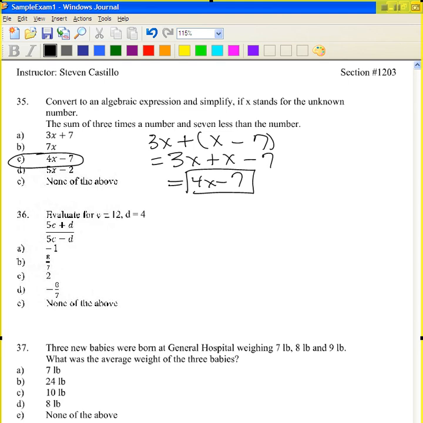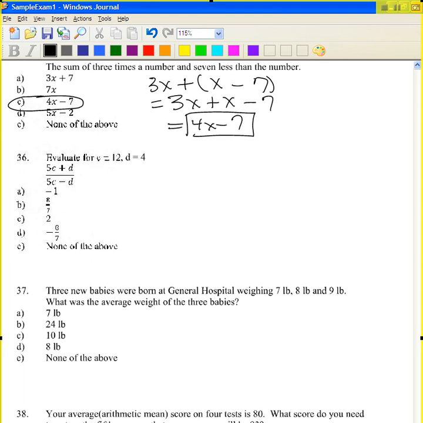Do problem number 26. Evaluate for c equaling 12, 5c plus d over 5c minus d.